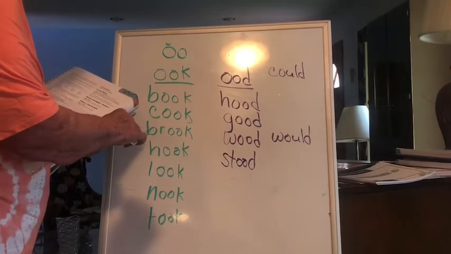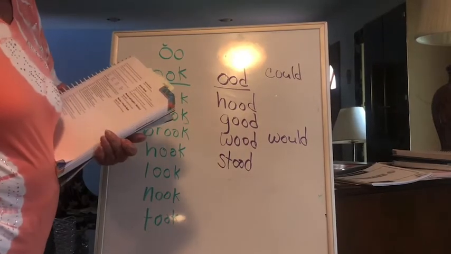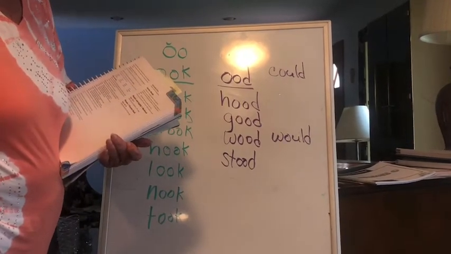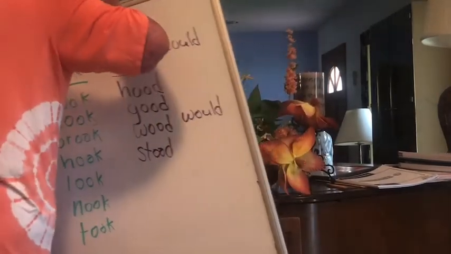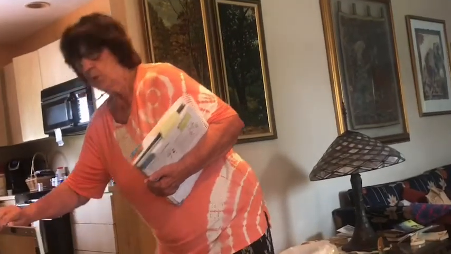All right, now I'm going to give you some descriptions, and I want you to see if you could give me a word that has the sound in it, either the ook or the would, just like I did with the ooh. All right, now this is the short ook.